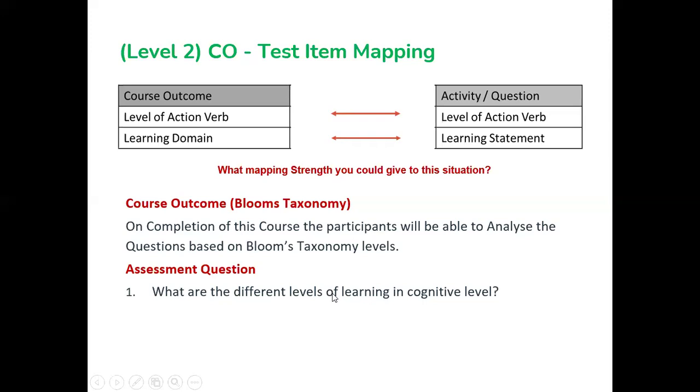CO is level 4 and the question is level 1. Can we say 1, sir? Yeah, here also we can give 1 because there is some relationship.